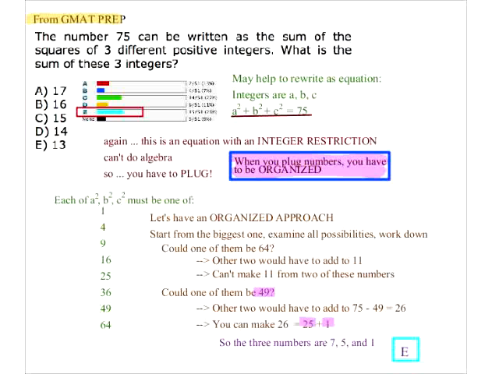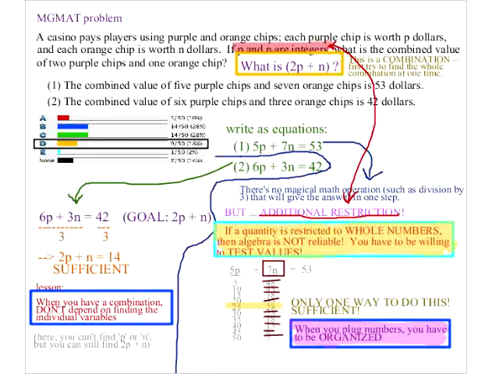Any questions about that? Type them in the text box if you've got them. Again, the signals here are pretty clear. The signals, at least, that you're going to have to do this sort of thing are that, as last time, you've got an integer restriction. So restricted to whole numbers, you can't just play around with equations.